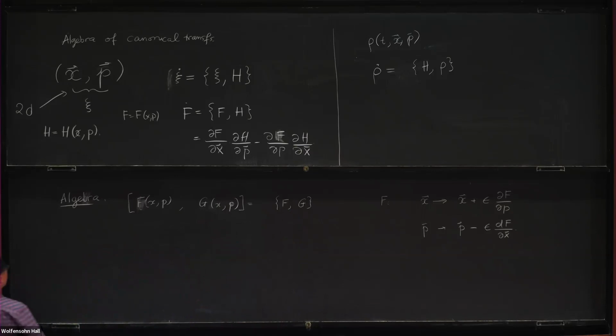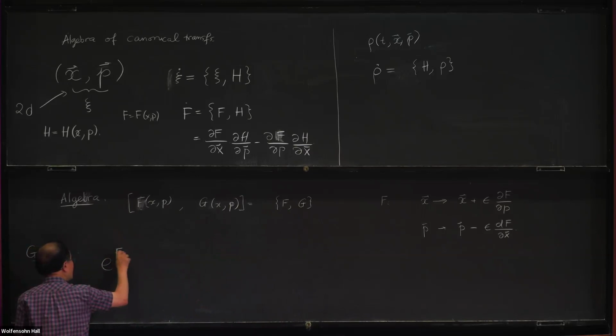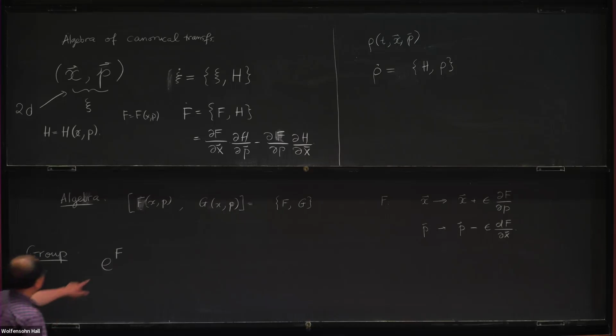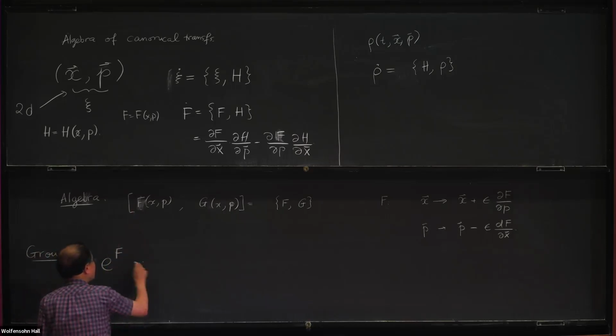Now, one can exponentiate the elements of the algebra to give a group. So the group elements are, roughly speaking, given by exponents of these generators, e to the power of f, where f is a member of the algebra, and this does the following transformation.